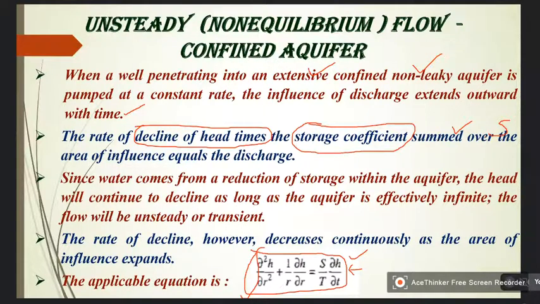So S is not a constant, it is a changing value with time. The storage coefficient may be the same, but the storage volume will be changing. The rate of decline, however, decreases continuously as the area of influence expands. So this is the applicable equation.